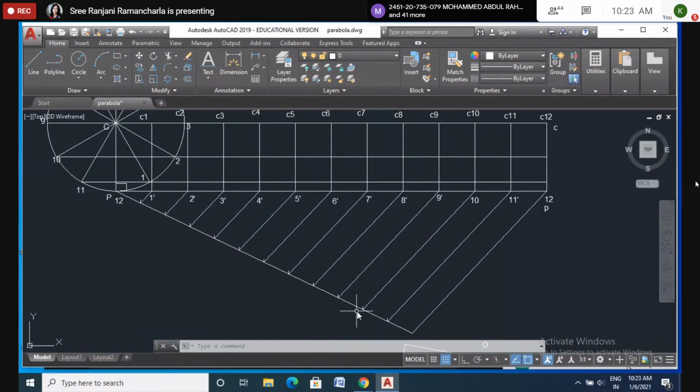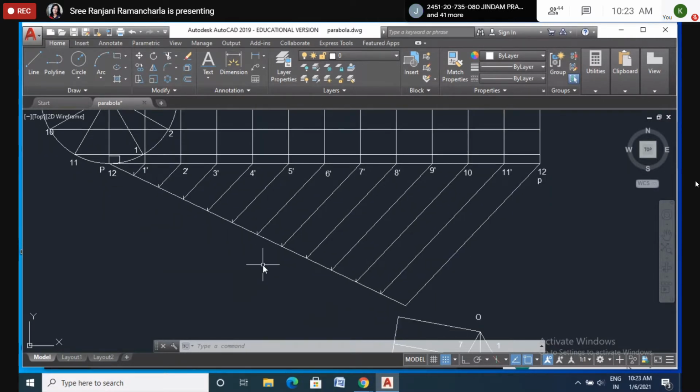Just take some angle, depending on how much space is available on your paper. But don't take a very small angle, because then we cannot divide like that. Take a little bit bigger angle, 15 to 45 degrees. First class or second class, sir has already told.